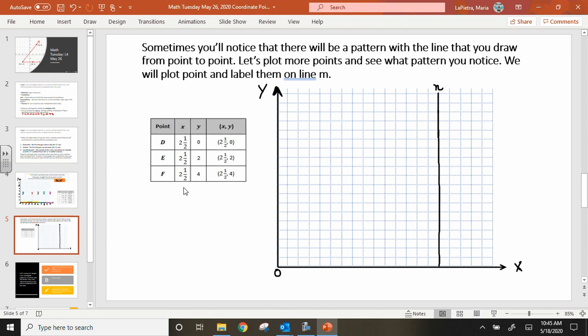Let's go by 2s. Well, we'll go by 4 spots. So we'll say 1/4, 2/4, 3/4, 4/4. So 1/4, 2/4, 3/4. This will be 2.